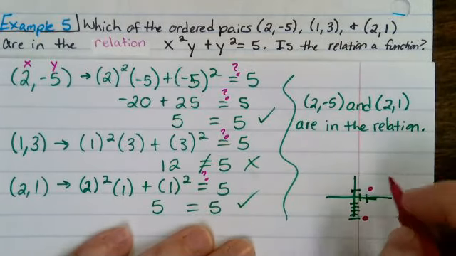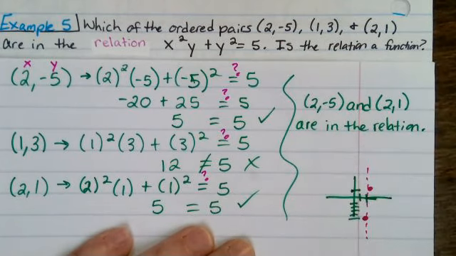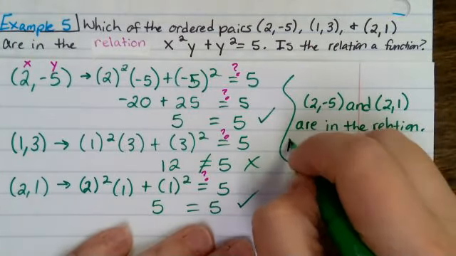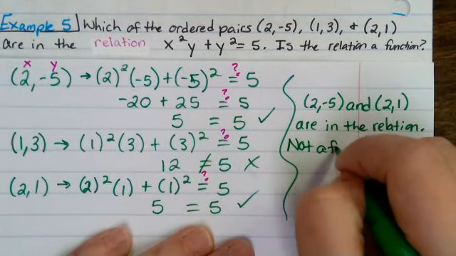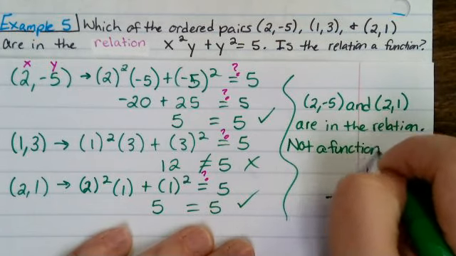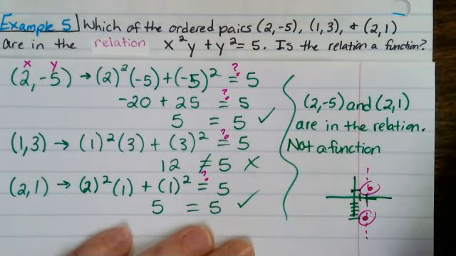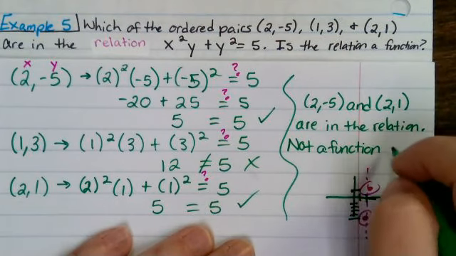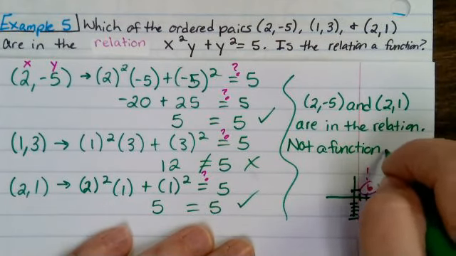And I want you to think about that vertical line test. If you drop that down, that hits both this point and this point. So the answer is this is not a function. And that's because not every input has only one output. Okay?